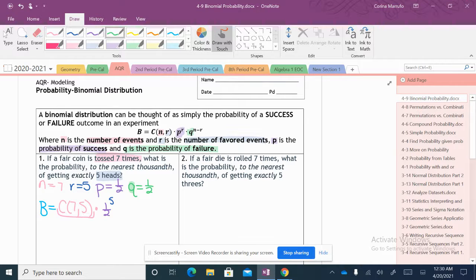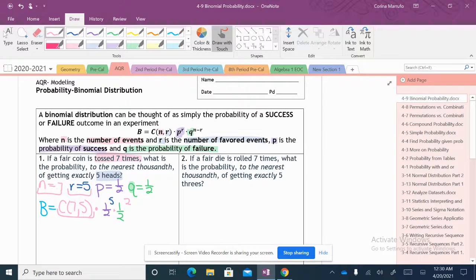And then we take the q, which is also 1/2, and it happens to be 1/2 in this problem, and we multiply it times the power n minus r. So our n is 7 minus r is 5. So 7 minus 5 gives us 2. So I'm going to replace that with the 2.